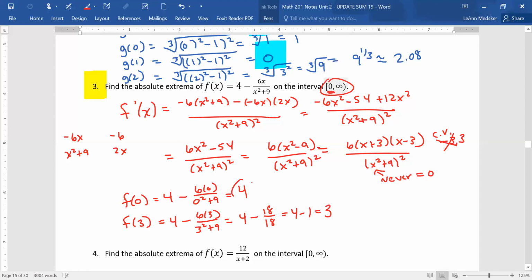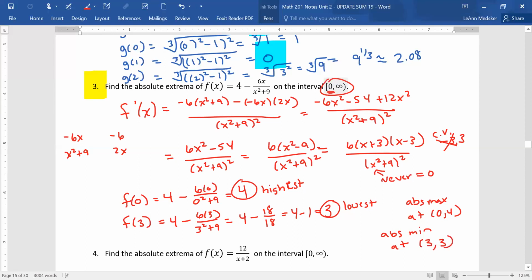So the highest one is obviously 4, and the lowest one is the 3. So that means I have an absolute max at (0, 4) and an absolute min at (3, 3), because that's the x value and the y value.